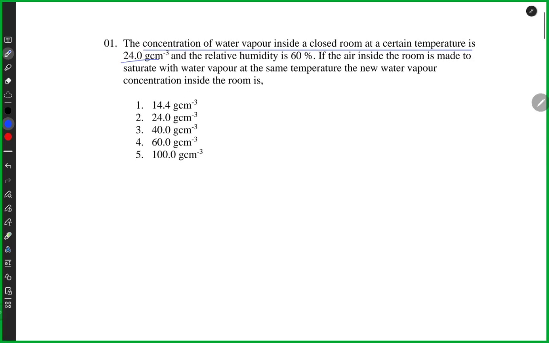Okay, so now let's see. Relative humidity is 60%. Now you know mass available divided by mass to saturate that space, multiplied by 100%, is equal to the relative humidity. Now you see the relative humidity is 60%.